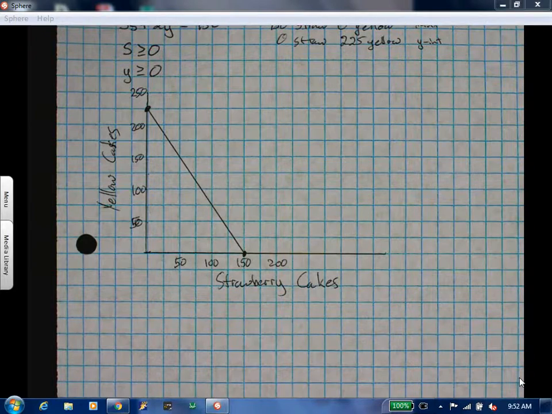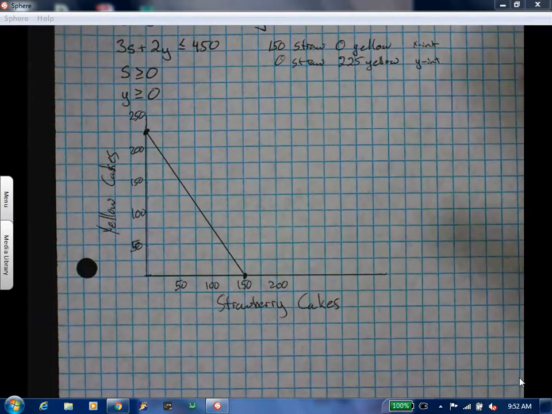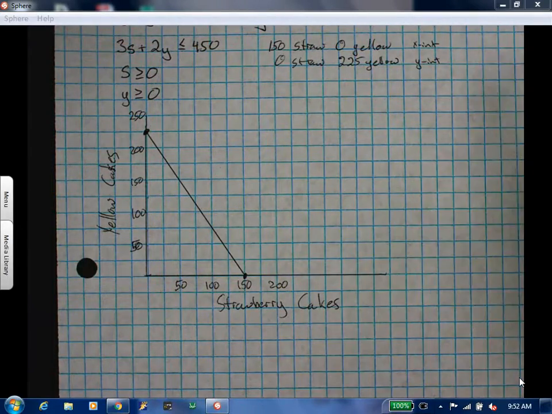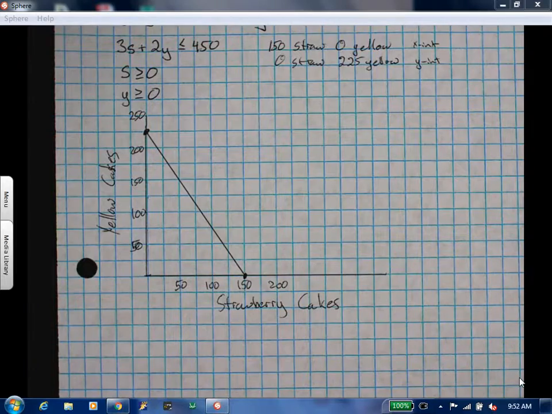So if you're thinking through this problem in your head, based off these intercepts, is it better to produce all strawberry cakes or better to produce all yellow cakes? Strawberry cakes take longer, but you get more money for them. Yellow cakes take less time, and you get less money for them. If you make just strawberry cakes, you can make 150 of them. If you make just yellow cakes, you can make 225 of them.